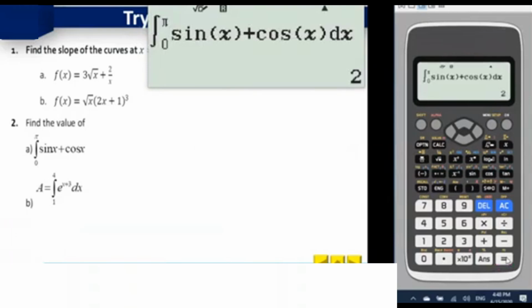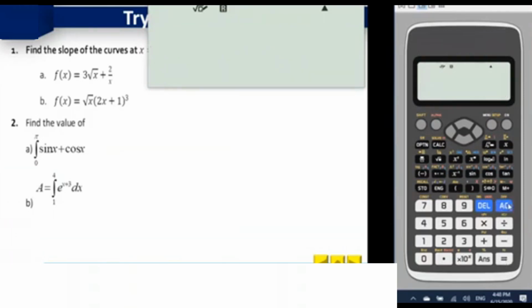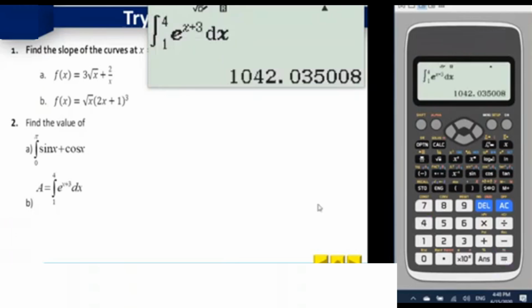The correct answer for question number 2 part A is 2. And the last part of the last question, integral of shift ln, that is e x plus 3, and the limits are 1 and 4, and the result is 1042.035.